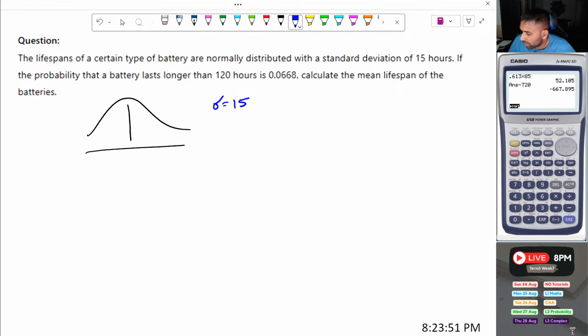So we've got to figure out where to put this. I think we have to put 120 here, because the probability that it lasts longer than 120 hours is 0.0668, so we can't have it before the middle line, otherwise that would be over 50%. So this part right here is worth 0.0668. And then the question is to find the mean.